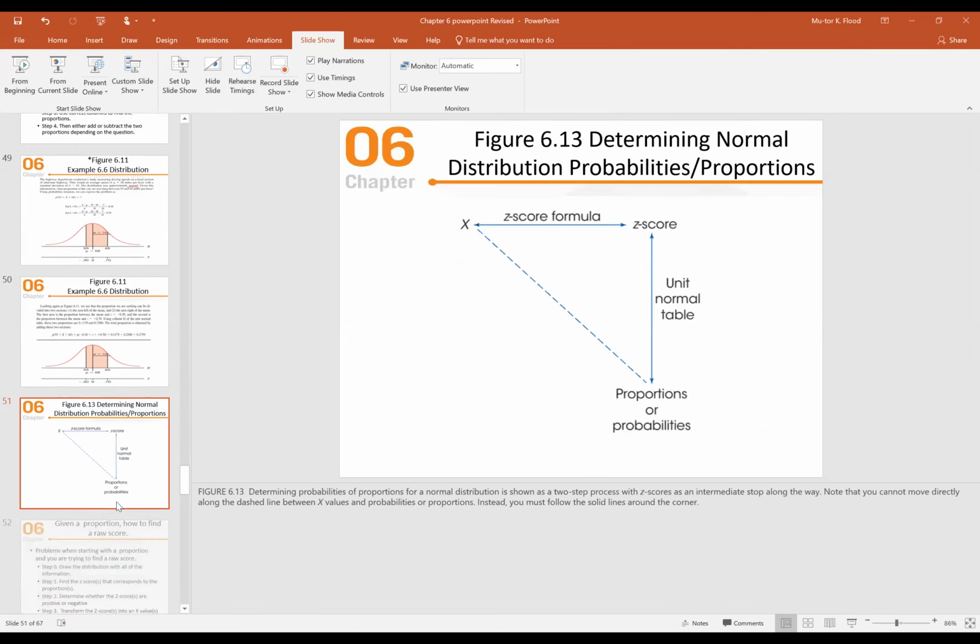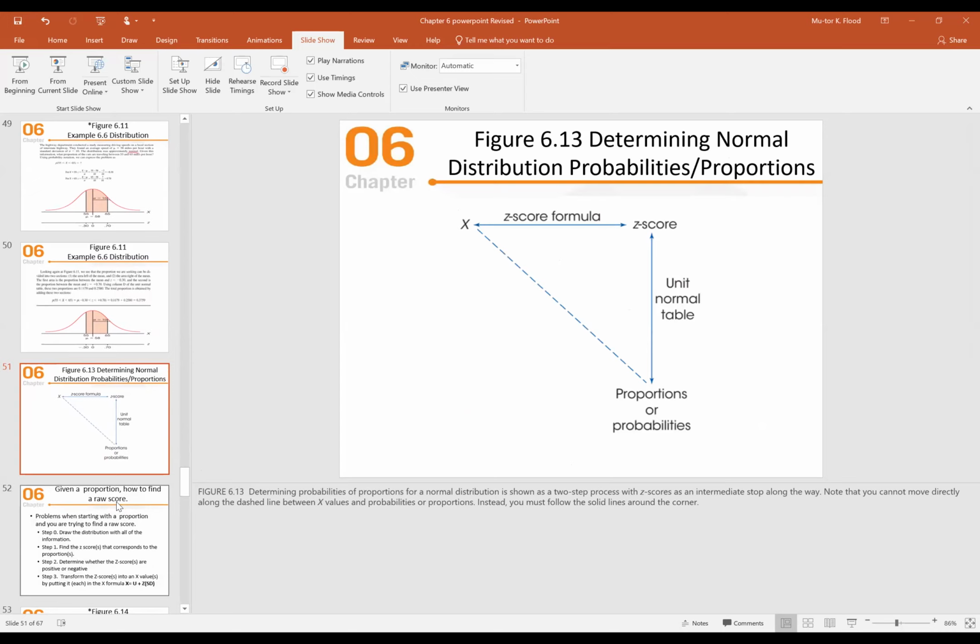All right. And now to make this a little bit easier, this is essentially the cheat sheet to always know what you're going to do next with these. So if you start off with a proportion or a probability in the question, and they ask you to find the raw scores, you are going to first use the unit normal table to find the Z score.